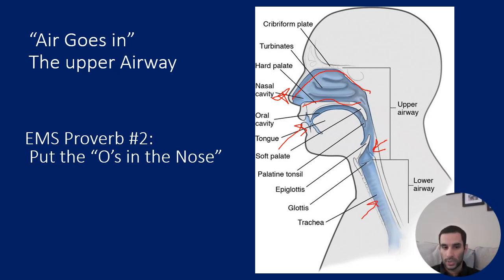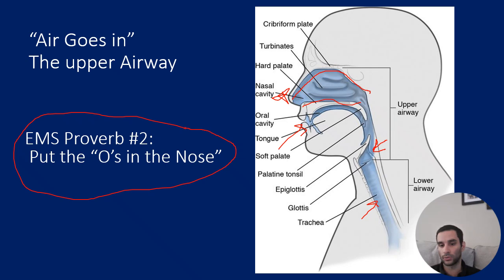So the second thing I want to give you guys as a pearl is put O's in the nose. I learned this from Rich Levitan, who's one of the airway gurus. He actually runs a great airway course as well, if you're interested in that. One of the things I learned taking his class and also then subsequently reviewing the literature on this is if you get oxygen into the nasal cavity, it fills up this area here and it almost acts like a reservoir when the patient takes deep breaths.